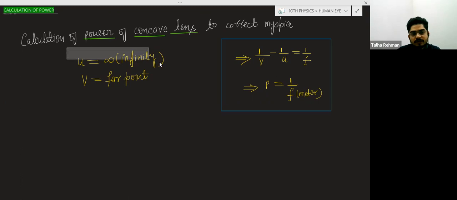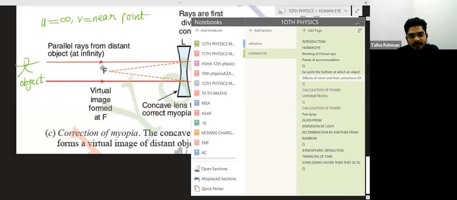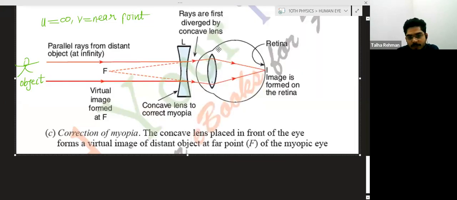For that, we take infinity for u, and we take the far point. Basically, here this is not the near point. This will be the far point. This F is the far point of this eye, meaning up to this distance this eye can see.